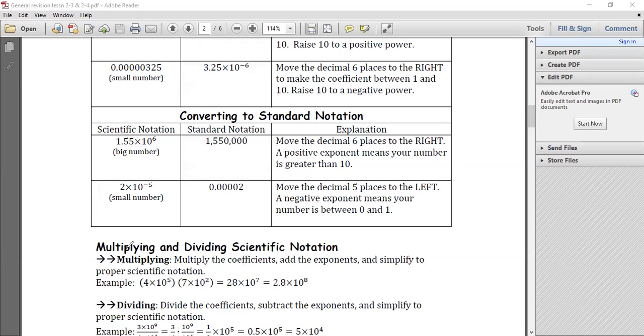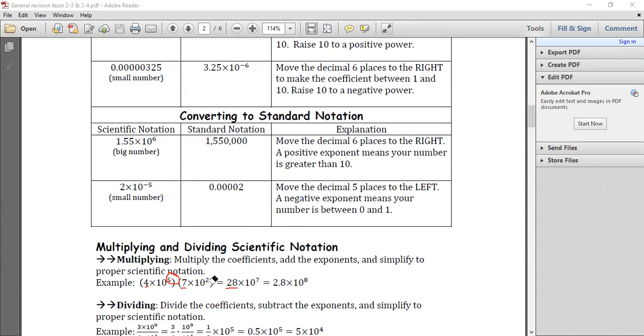The last part is multiplying and dividing scientific notation. If you are going to multiply, then you collect the numbers together. Then 4 times 7 becomes 28. And 10 to the power of 5 and 2, we are going to add them together. So it will be 10 to the power of 7.